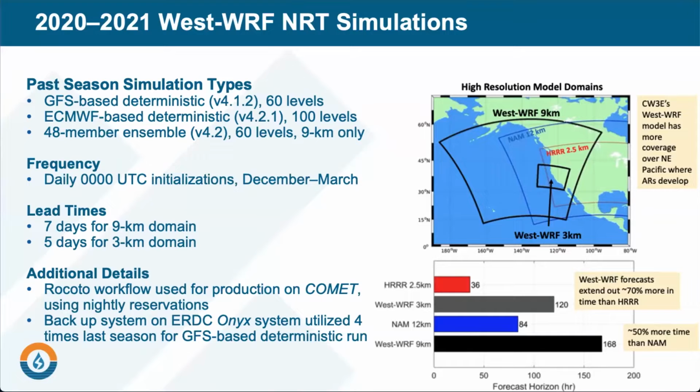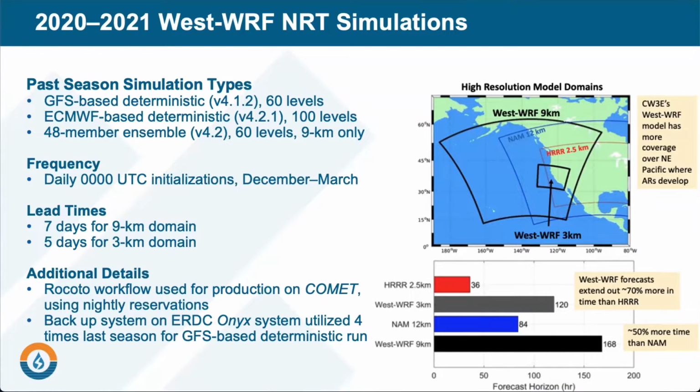This simulation configuration was all frozen from the year before for machine learning purposes, and then we also ran an ECMWF based deterministic simulation updated a bit from the previous season up to 100 vertical levels. And then we also did a 48 member ensemble with our 9-kilometer domain only.